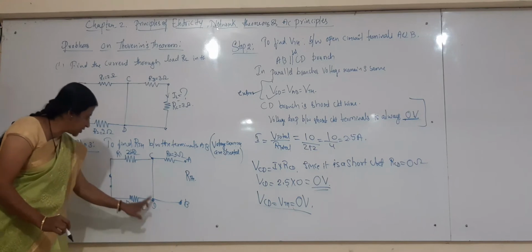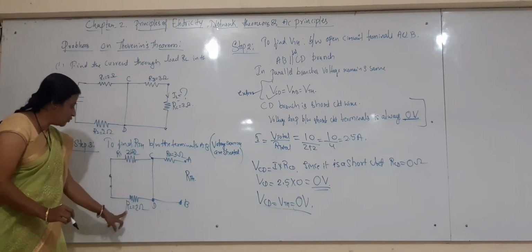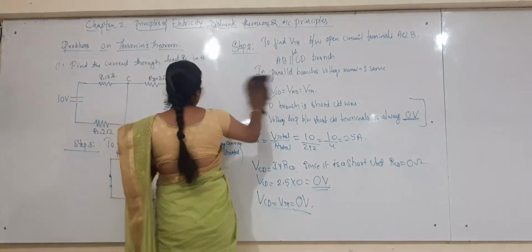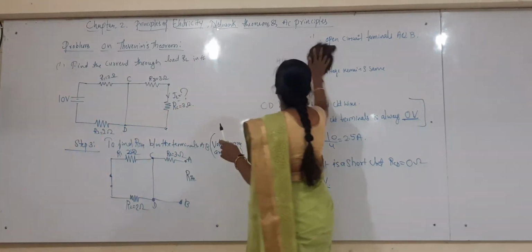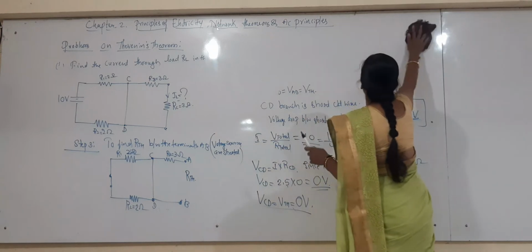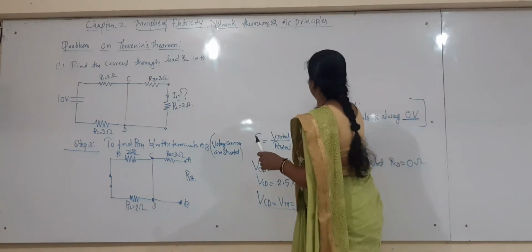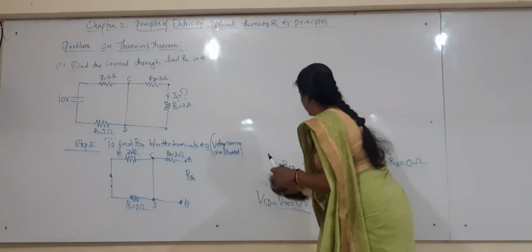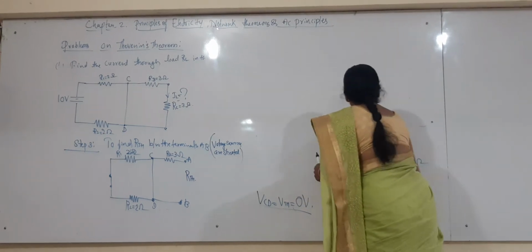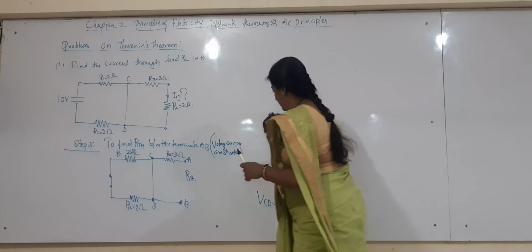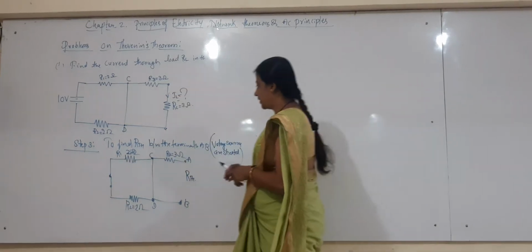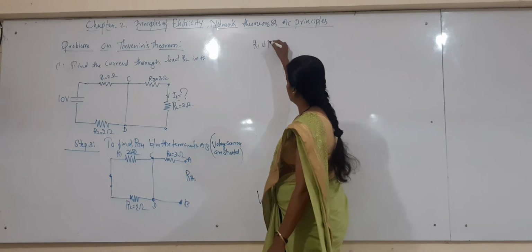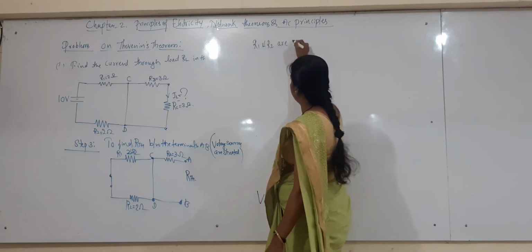So these 2 ohm and 2 ohm, R1 and R2, are connected in series.